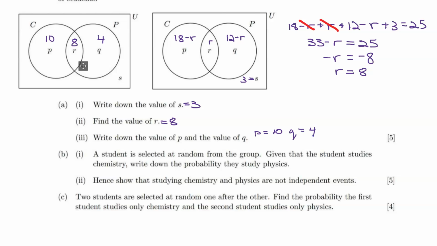All right, a student is selected at random from the group. Given that the student studies chemistry, write down the probability they study physics.